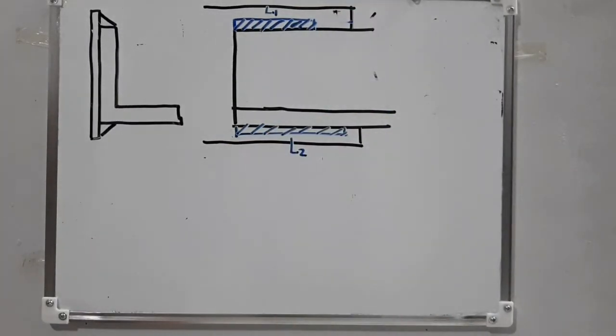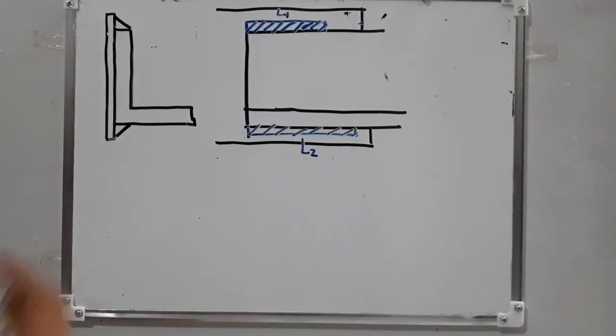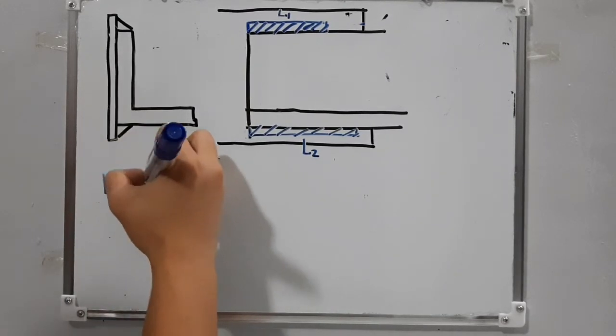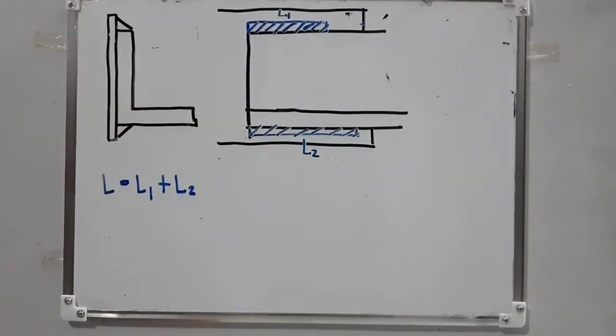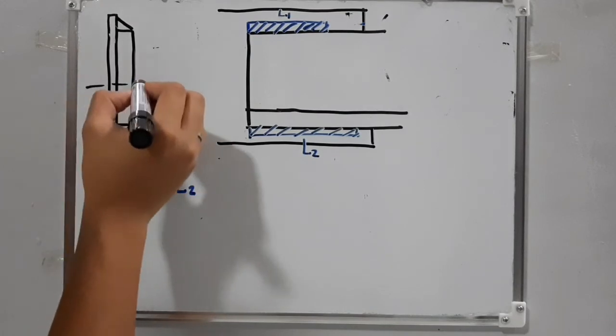So therefore, yung L natin will be equal to the summation of the length of your weld. That is L1 plus L2. And as you can see, we can locate the neutral axis of the angle.